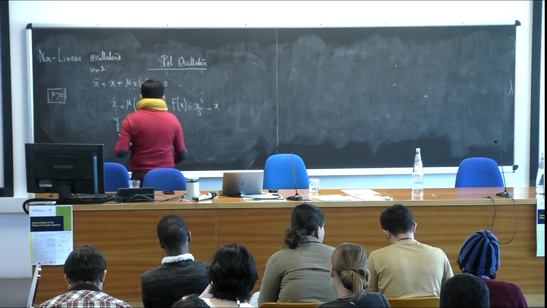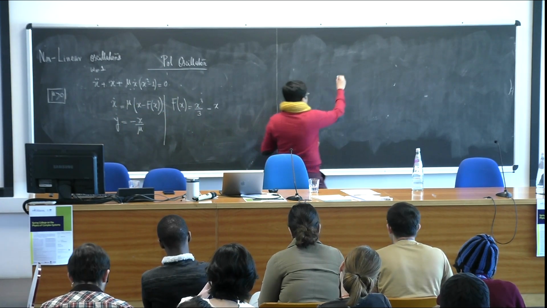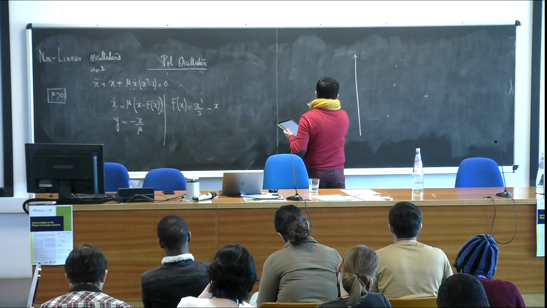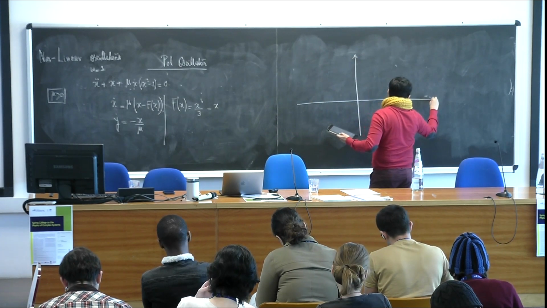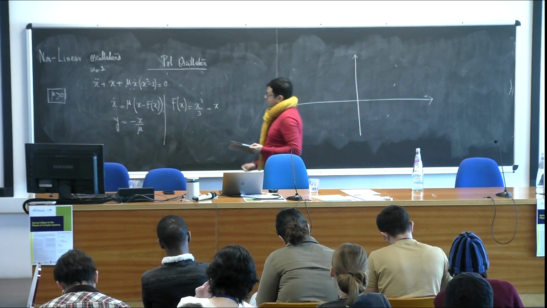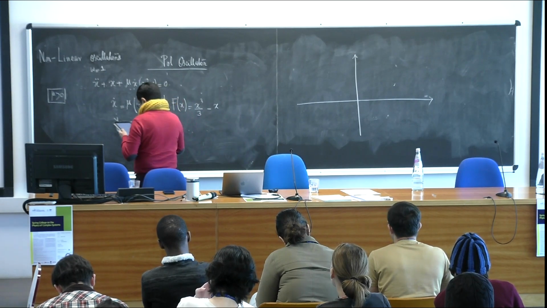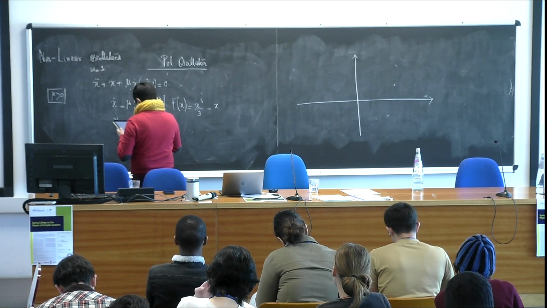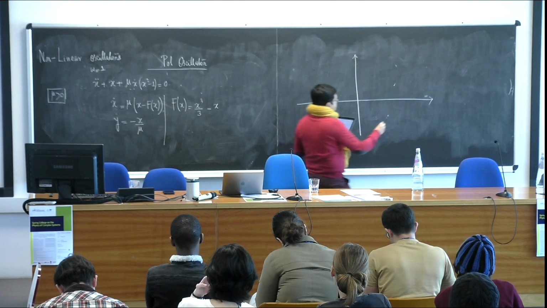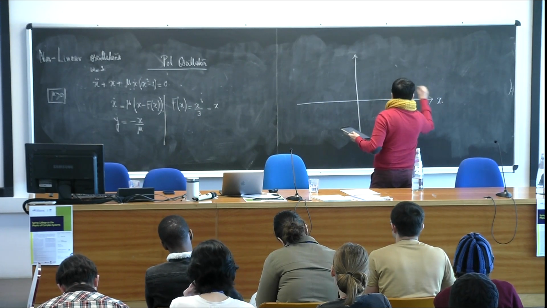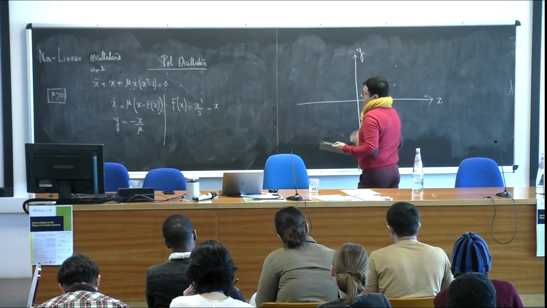Okay. So now let's look at the dynamics in the phase space. My phase space will be spanned by my two dynamical variables, which are now x and y. So this is my x, this is my y.